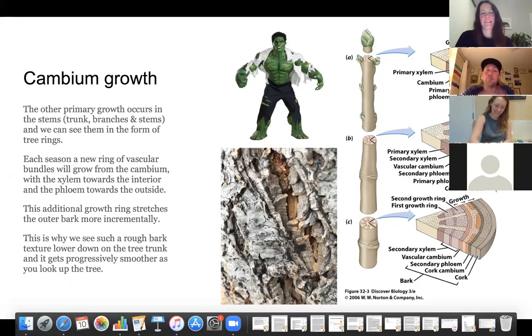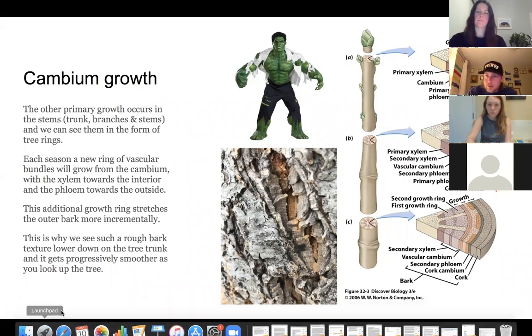So the apical tips growing, that's one of the primary ways that woody perennials grow. The other primary way that they grow is in the tree rings that they produce. And so if you were to take a cross section, as this diagram is showing, I should use my cursor here.